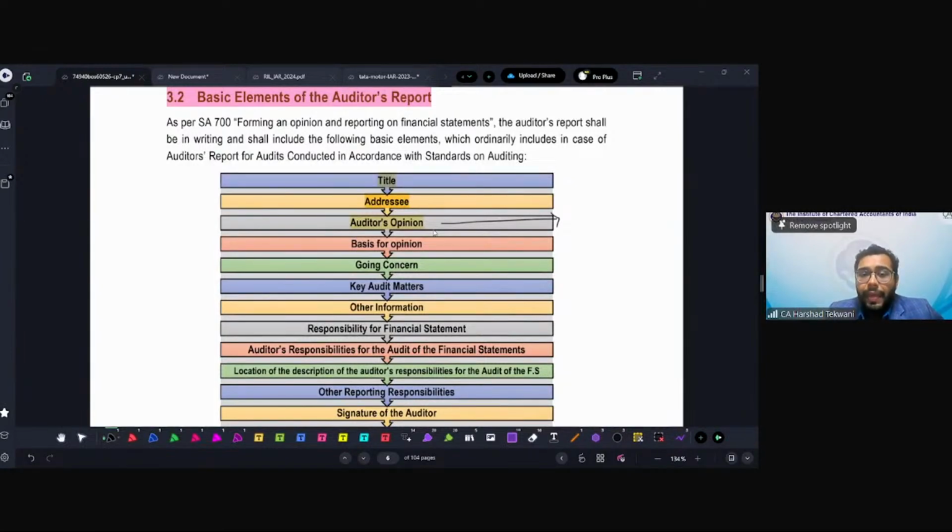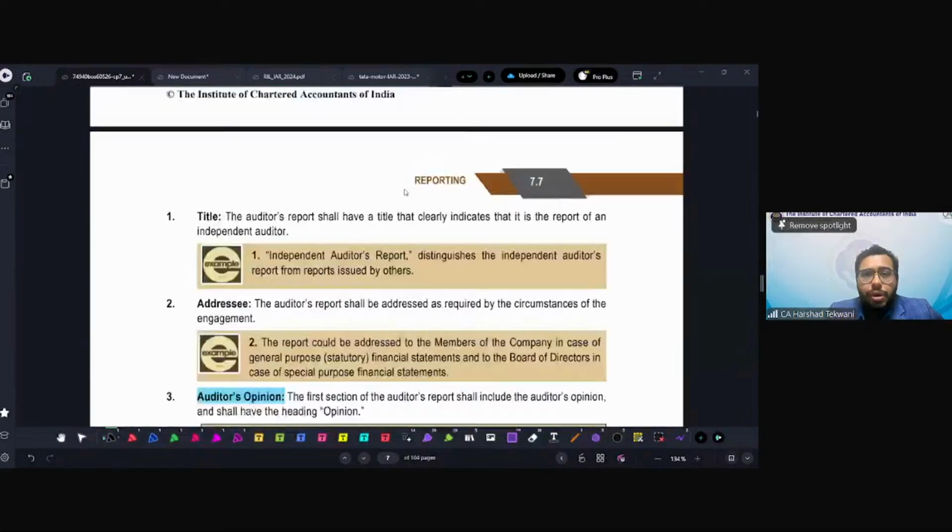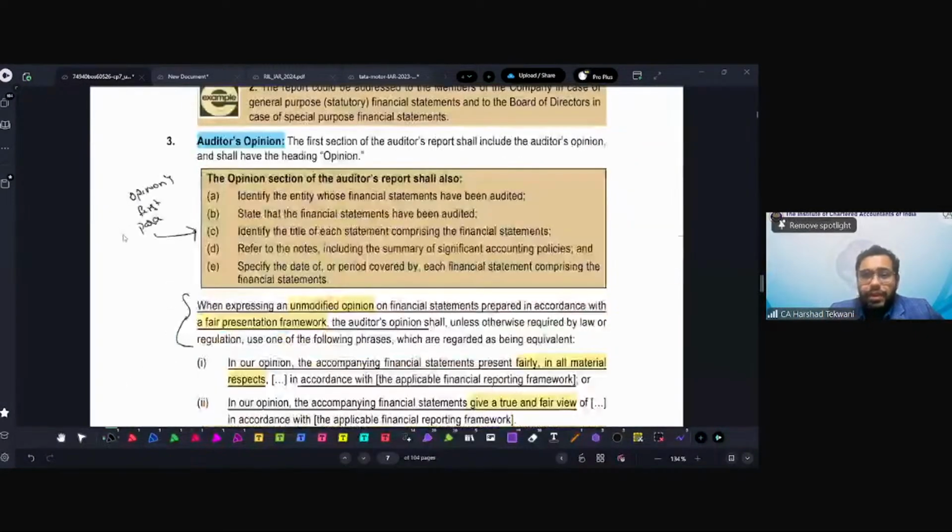And the things which are required to be mentioned in auditor's opinion are on page number 7.7. This is the first thing you are required to mention in the auditor's opinion paragraph: the entities whose financial statements have been audited, about the entity.